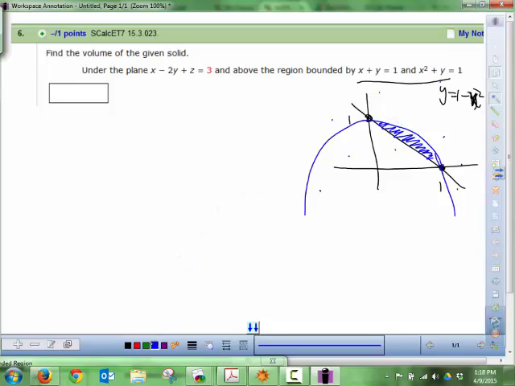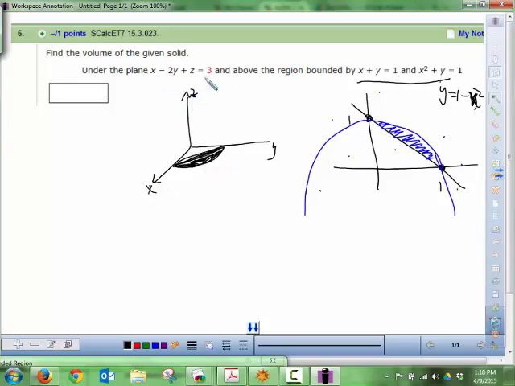So now if you transfer this into 3 dimensions, again, trying to do this without a grapher, I have this region in 2 dimensions that looks like this. This is flat on the xy plane.